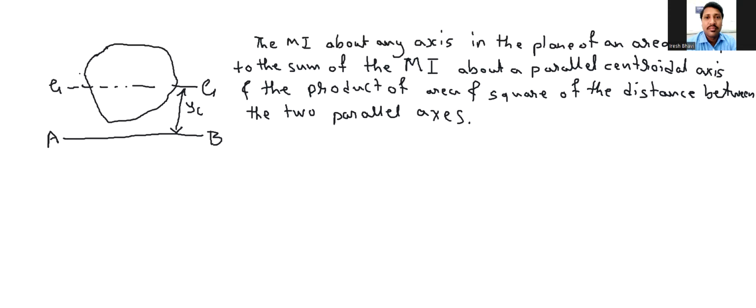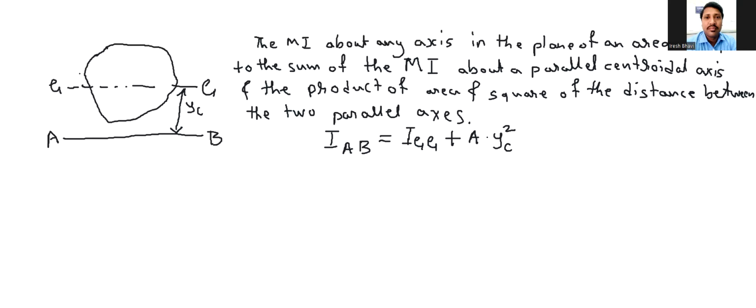Then referring to this figure, according to the parallel axis theorem, the moment of inertia about any parallel axis, that is IAB, is equal to the moment of inertia about the centroidal axis, that is IGG, plus area into the square of the distance between those two parallel axes.